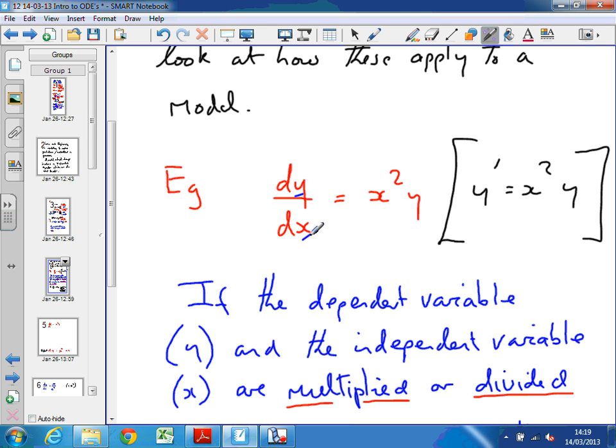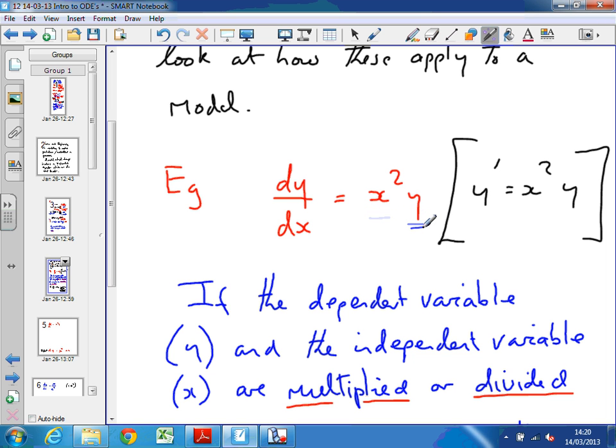So for the one underneath, we're differentiating, it's like the differential of y with respect to x. So we're changing x and seeing what happens to y. So it's the dx bit, the underneath bit, that's the independent variable. So I've got my two variables, my independent and my dependent variable here, okay? So it's a differential equation.